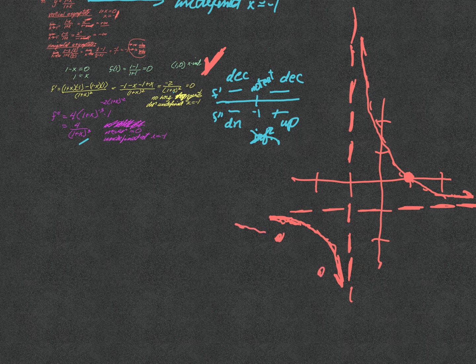So to get a slightly more accurate graph, you would draw that there like that. And that doesn't mean that that's correct. I'm just saying these graphs are symmetric, and so this space here and here has to be approximately the same. So I think that's an accurate graph.